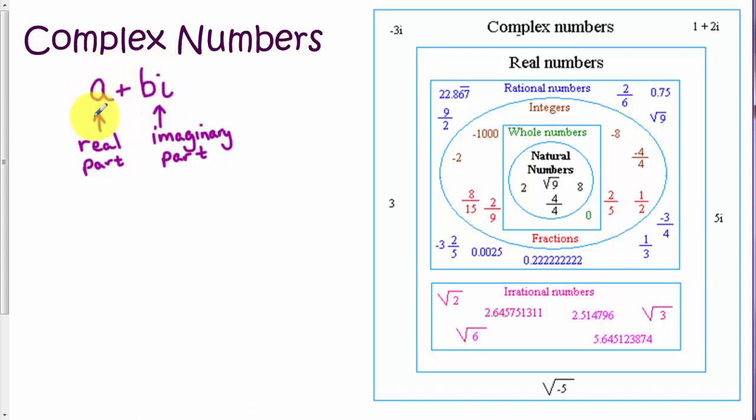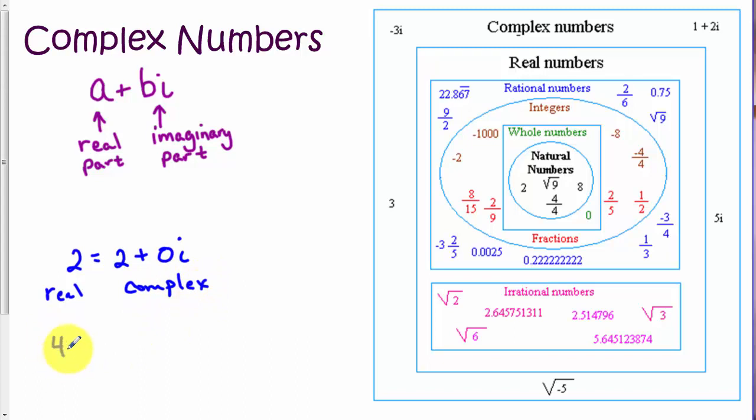So with the definition of complex numbers, every number that we have is a complex number, because our existing real numbers, say 2, could be written as 2 plus 0i. So while this is a real number, it is also a complex number.